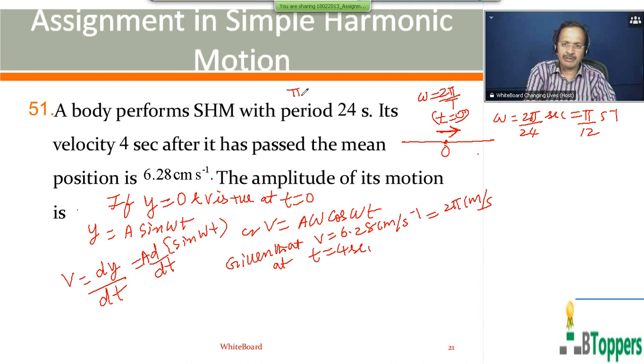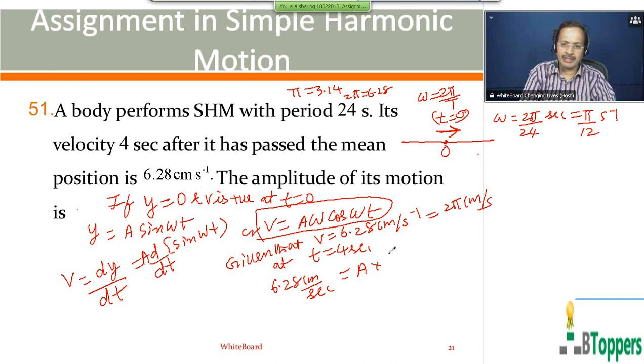As we must know, the value of pi equal to 3.14, so 2 pi will be 6.28. Substituting this in this equation, 6.28 centimeter per second equals A omega, where omega is pi by 12, or 3.14 by 12 per second, into cos omega t.